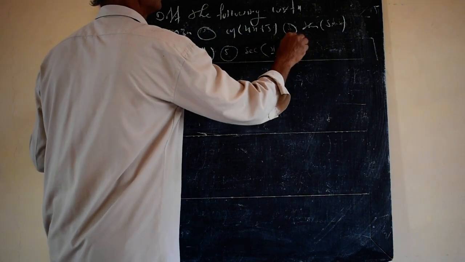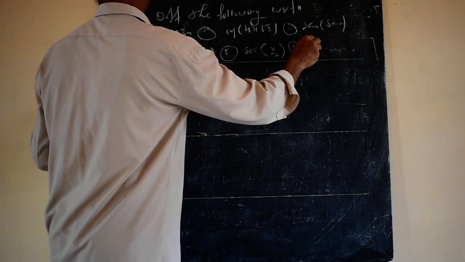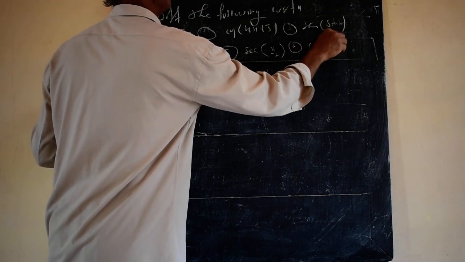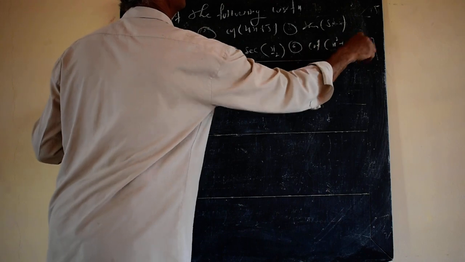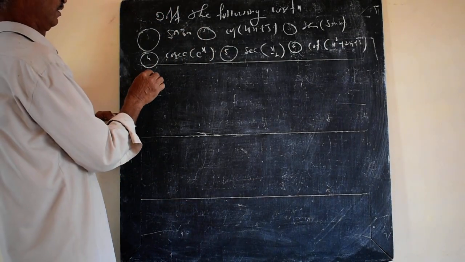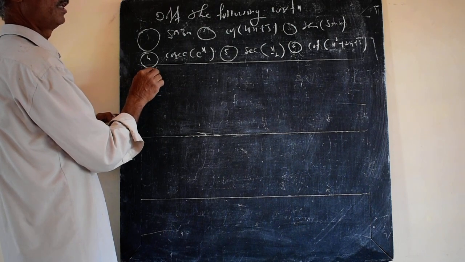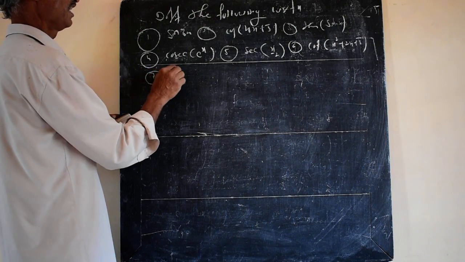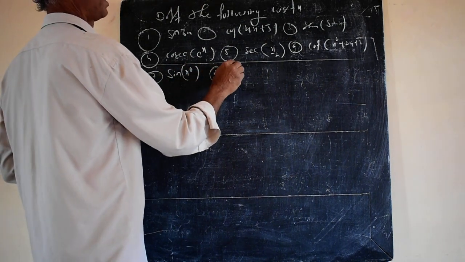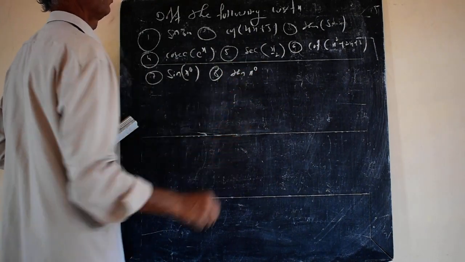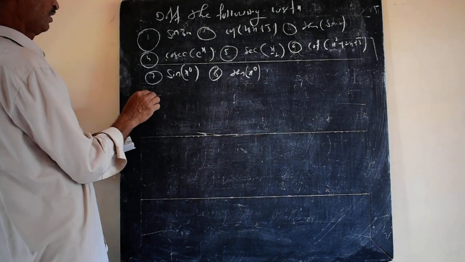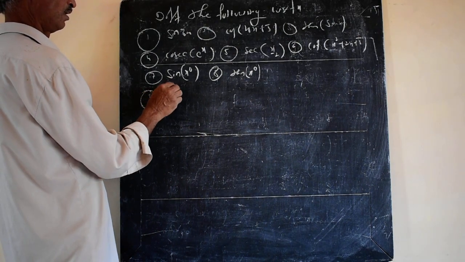Sixth one, cot of x square plus 2x plus 5. Seventh one is sin x degrees. Eighth one, tan x degrees. Okay, one by one let's take. First one is sin 3x.